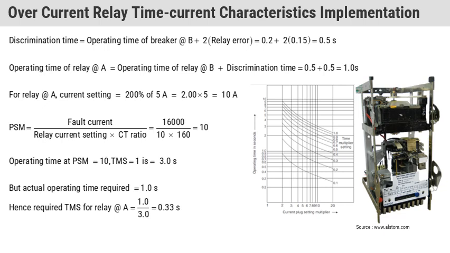So we have to set the TMS for the relay, and by dividing 1 by 3 we get 0.33. So we have to set the TMS to 0.33 so that relay A will not operate before relay B operates. This is how we can calculate the discrimination time and all.